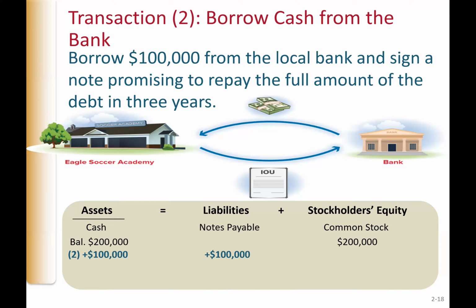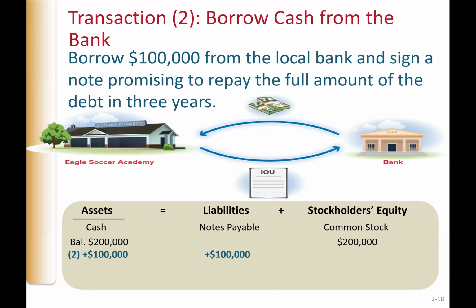Also, our liability of 100,000 also increased because now we owe the bank 100,000.